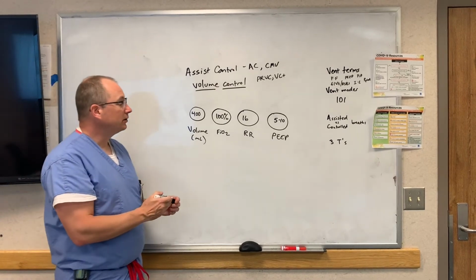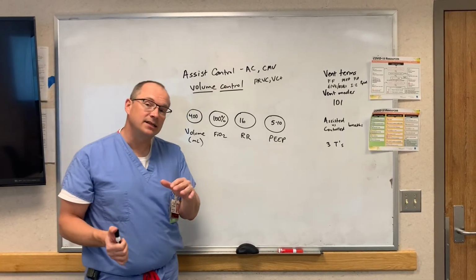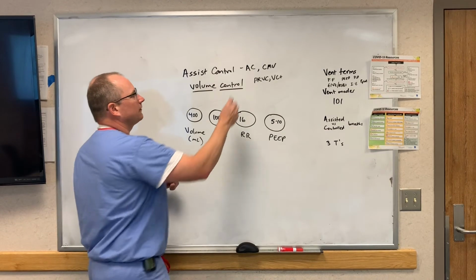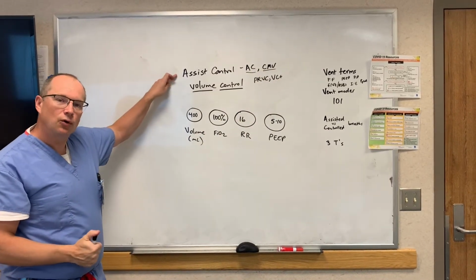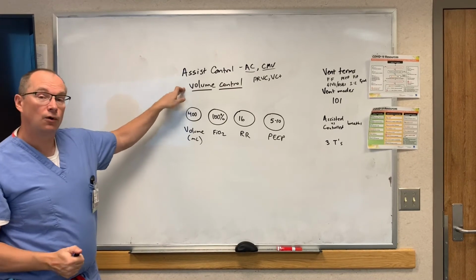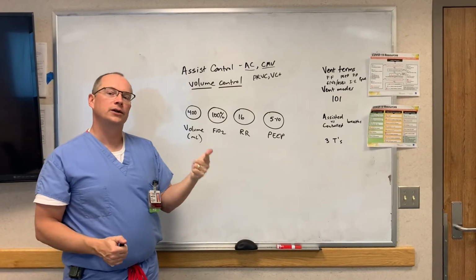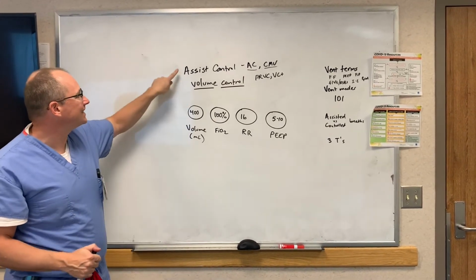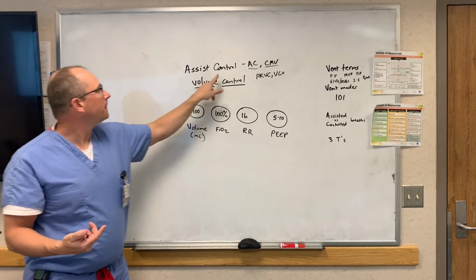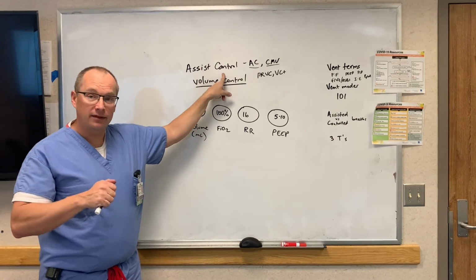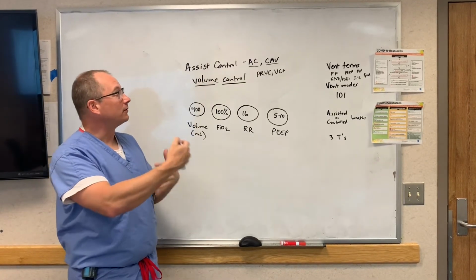And I should say a little bit about the difference between an assisted breath and controlled breath, because that's the difference between these two, all right? If it's an assist control mode, you're able to get volume control with an assisted breath or a controlled breath. And the difference between those two is an assisted breath is patient triggered or patient initiated. And the controlled breath is basically by the timer of the machine.